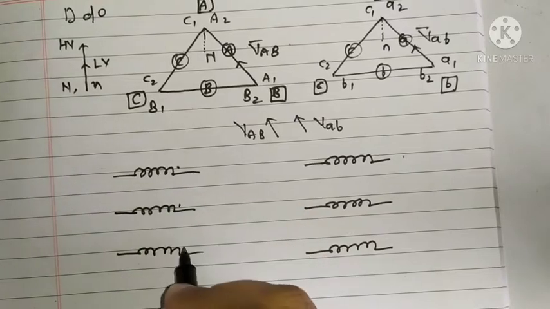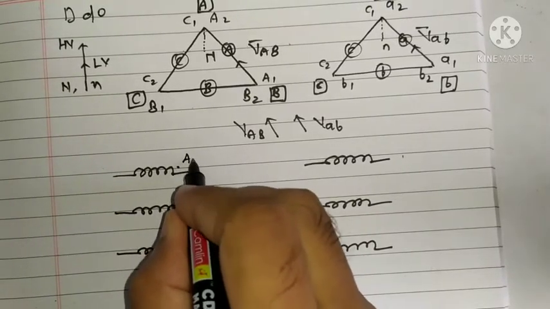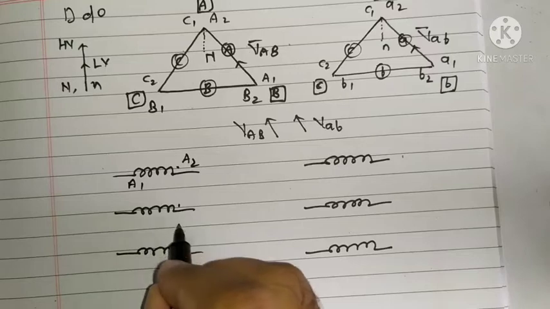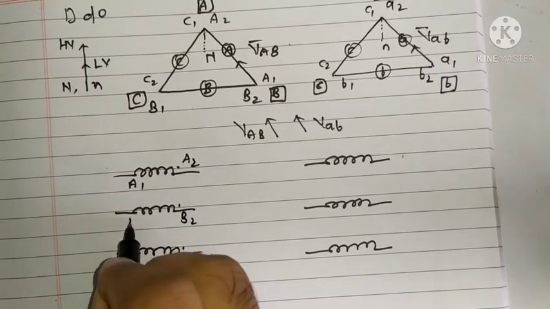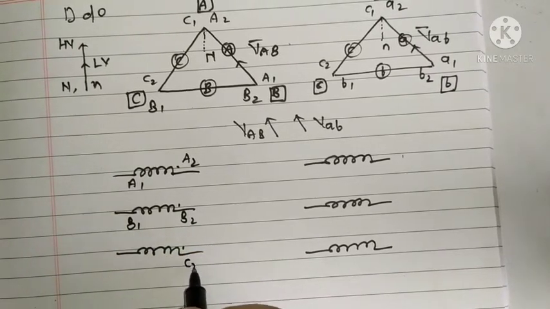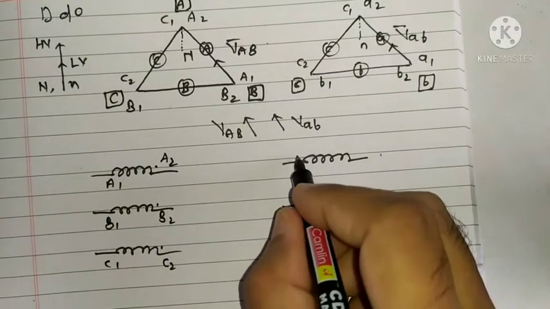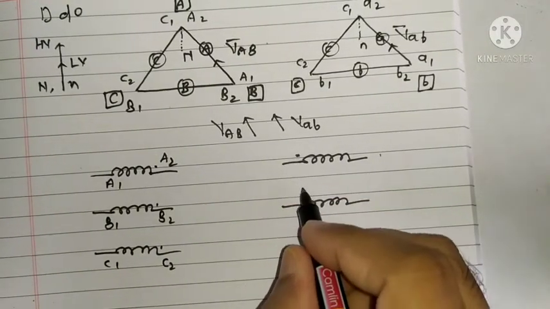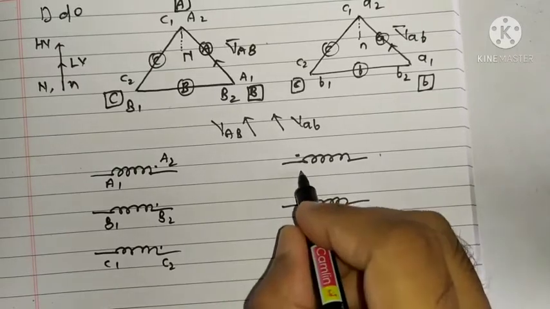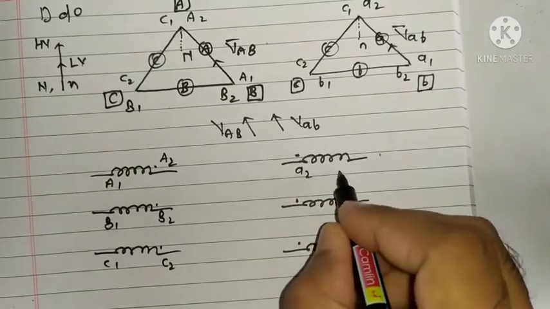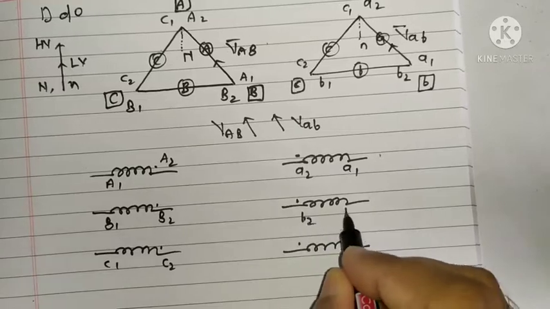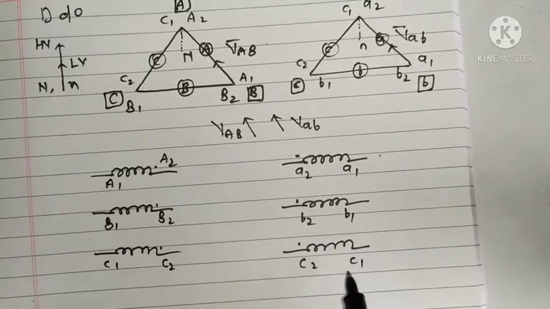These are the dots: A2, A1, B2, B1, C2, C1, and here also these are the dots: A2, A1, B2, B1, and C2, C1.